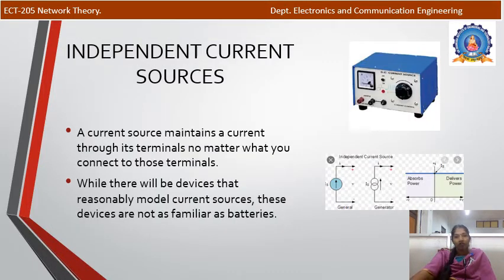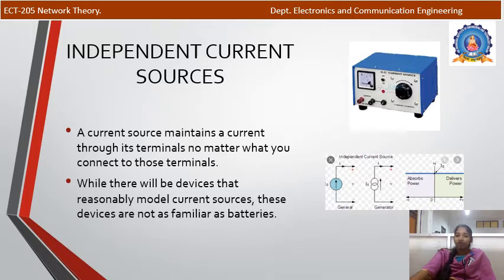Next is the independent current source. You might have seen the battery, an independent voltage source, in our daily use, but current sources are seldom used. Whatever you connect to its terminals, an independent current source provides a constant current.